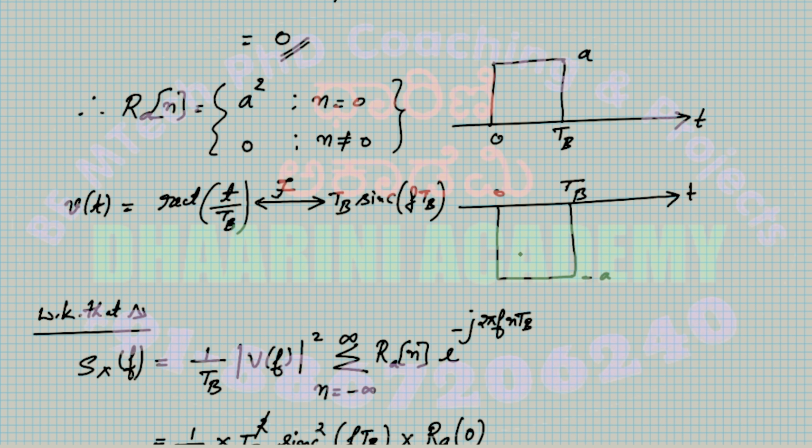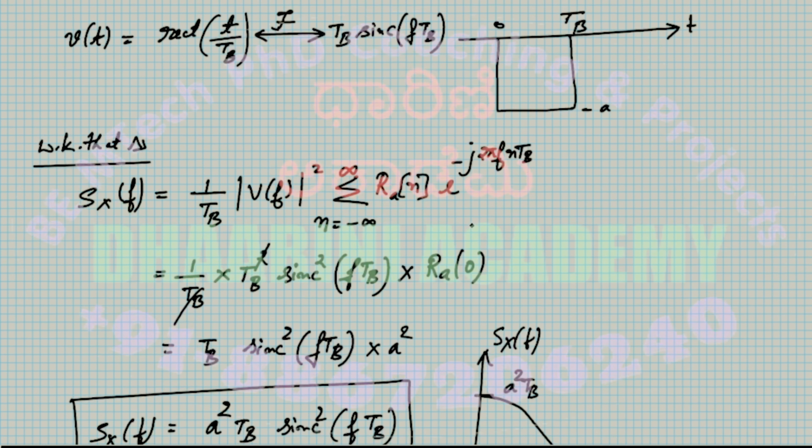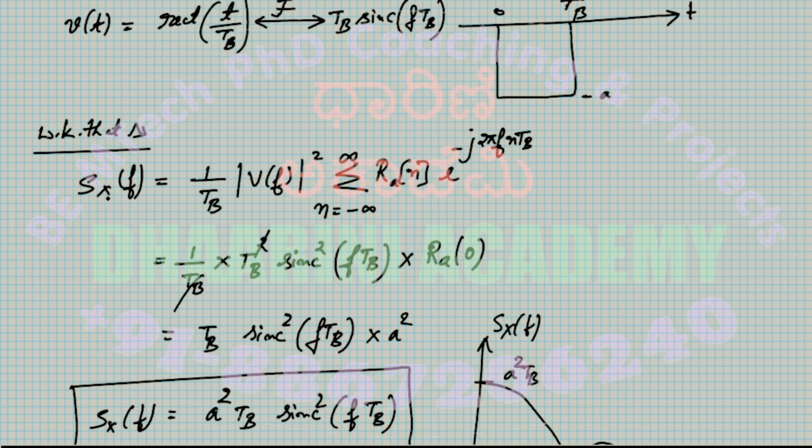V of f still remains the same, that is capital T_B sinc of f T_B, right? Now only R_A of n changes, others will remain the same. So S_x of f equal to 1 by T_B, magnitude of V of f whole square, summation R_A of n e to the power minus j 2 pi f n T_B.